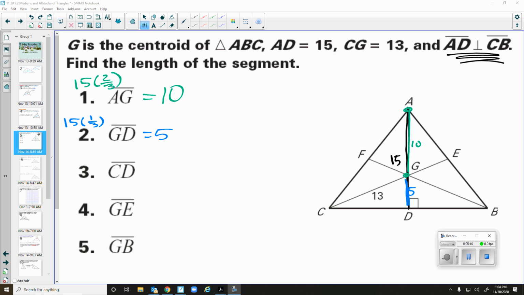Going through the rest. CD is here. Thankfully, because of this marking, we have a right triangle. And we know 2 of the sides. We know the leg and the hypotenuse. So Pythagorean theorem to get that missing side.